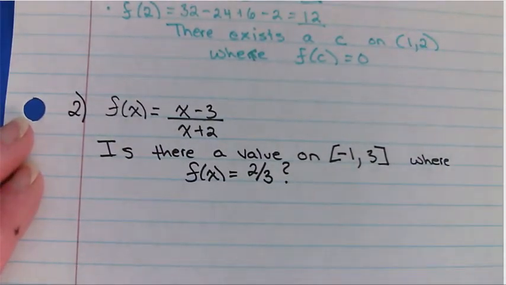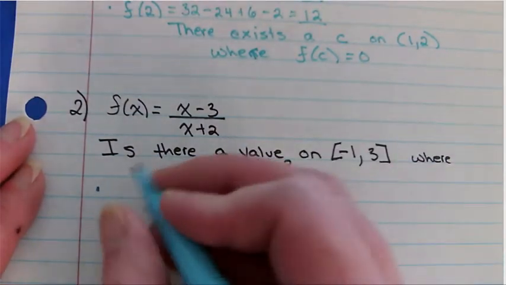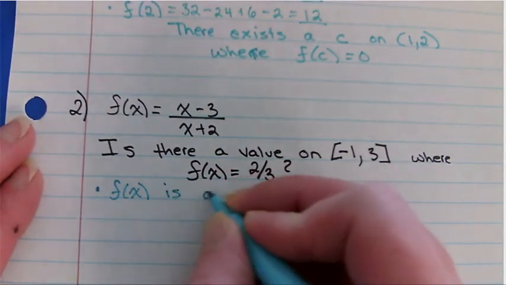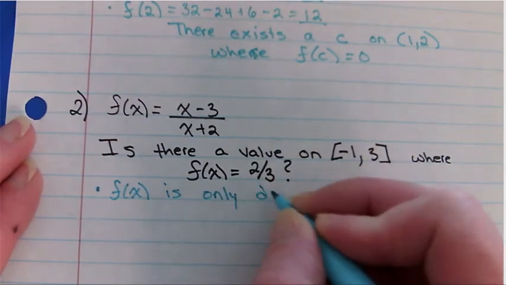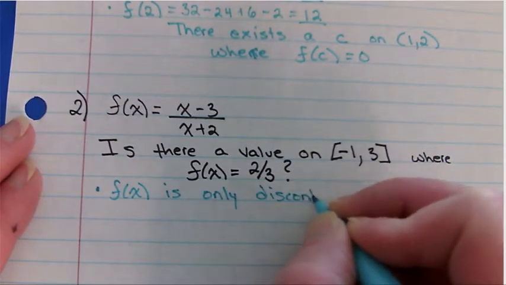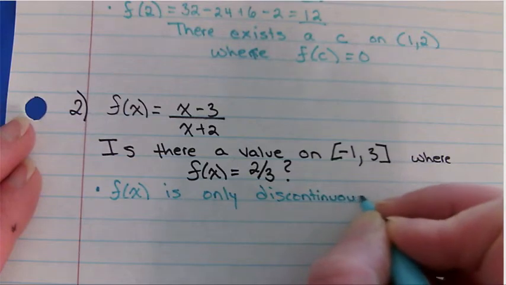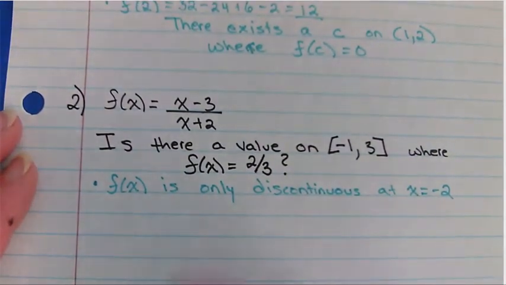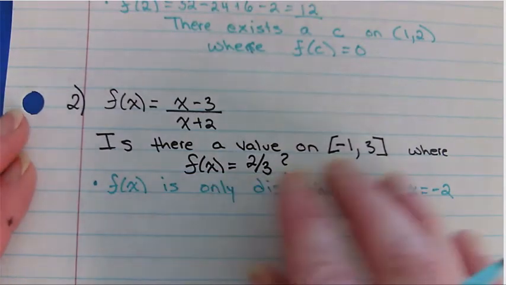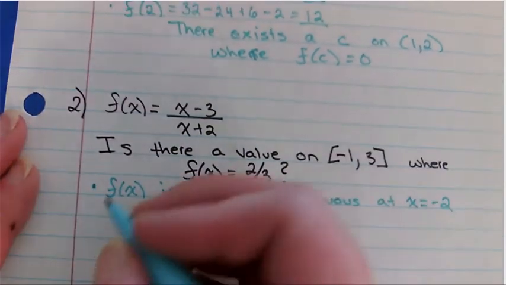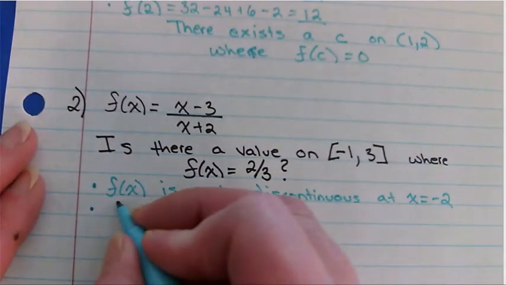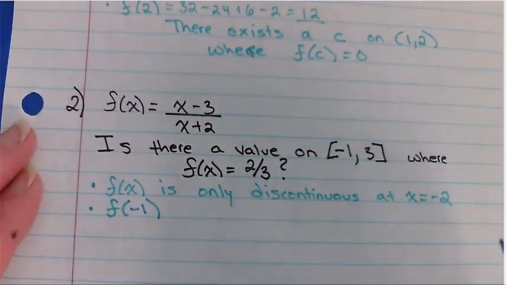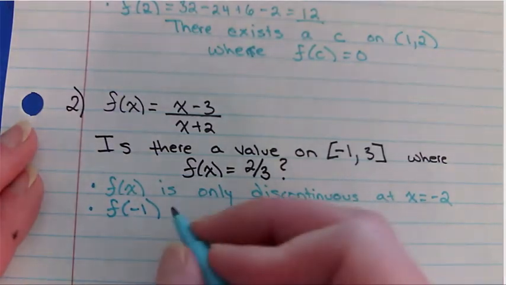It is. So I could state f of x is only discontinuous at x equals -2. It's fine everywhere else. So it's fine on -1 to 3. The next thing I want to check is I want to find f of -1. And then I'm also going to find f of 3.